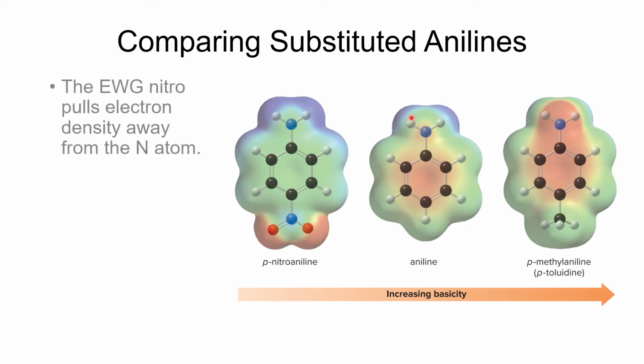If we look at an electron withdrawing group like the nitro group, and in fact we're putting this in the para position, so para-nitroaniline, that nitro group is going to withdraw a significant amount of electron density away from the ring, making it much lower in electron density, which is going to pull electron density away from the nitrogen.